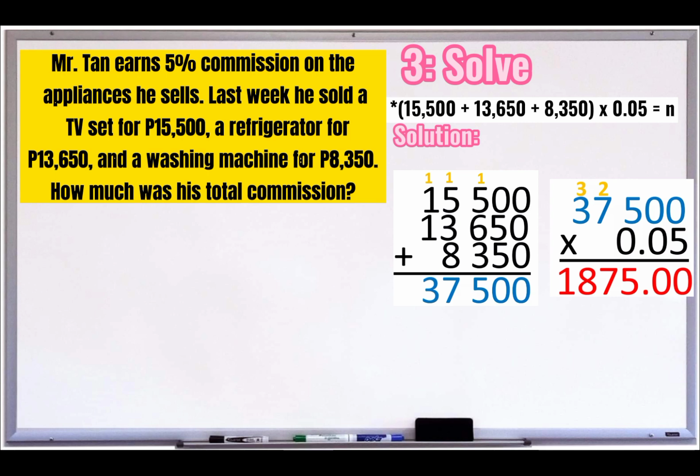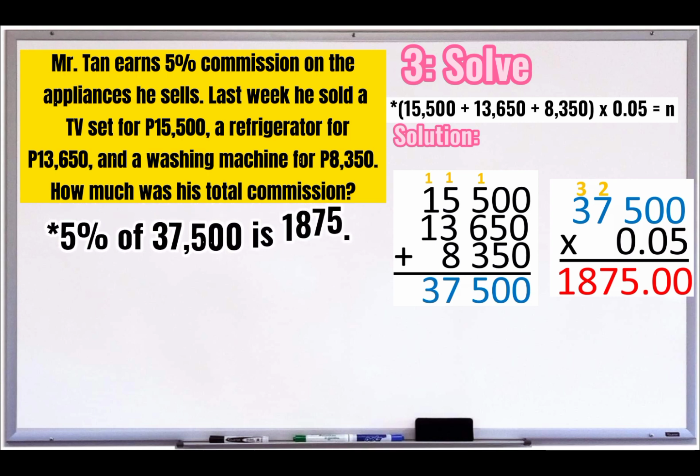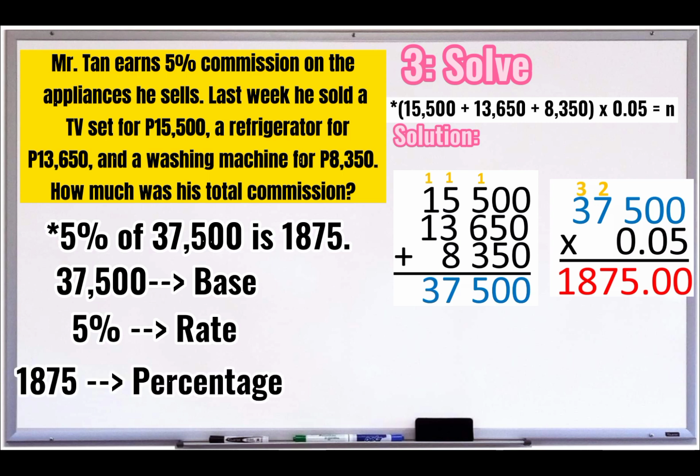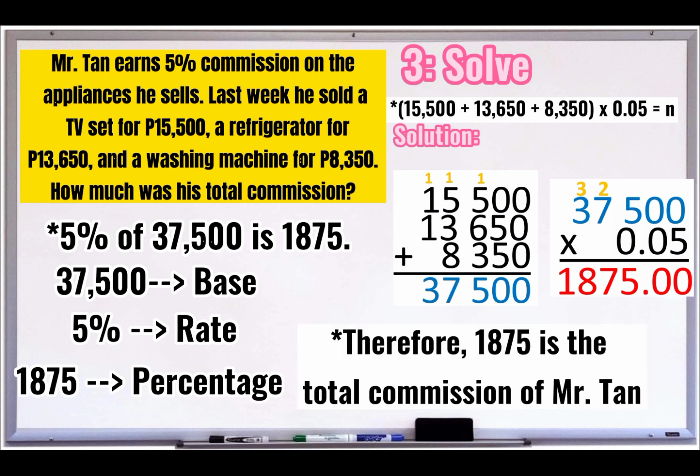So, 37,500 times 0.05, the answer is 1,875. So, n is equal to 1,875. So, 5% of 37,500 is 1,875. So, 37,500 is our base, 5% is the rate, and 1,875 is the percentage. Therefore, 1,875 is the total commission of Mr. Tan.